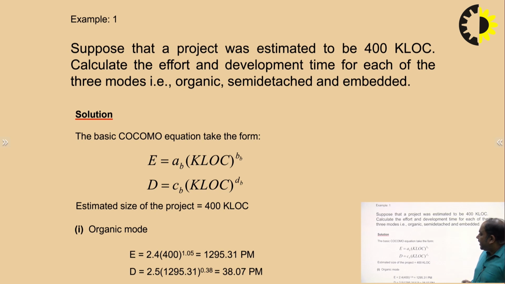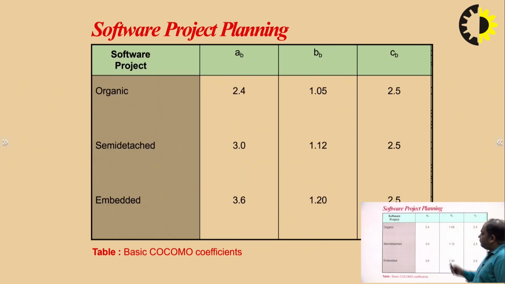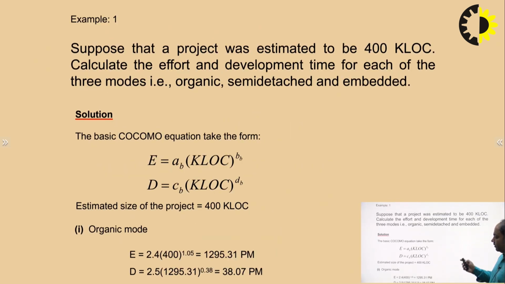For finding the effort, we use the formula E is equal to A times KLOC raised to the power B, and development time is equal to C times effort raised to the power D. For organic mode, we have seen that the value of A is 2.4. So we put all these values in this formula for E.